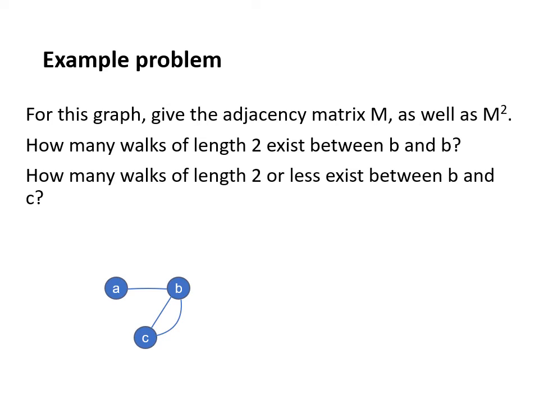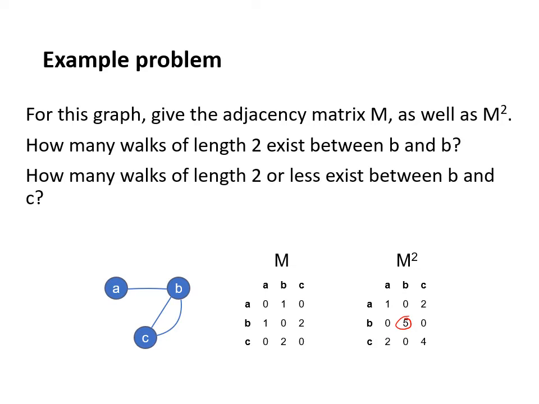So here's another example problem. For this graph, we want to give the adjacency matrix M, and we want to compute M squared, and then we want to determine these numbers of walks. This graph is much smaller, so this should be much easier to do. So this is our adjacency matrix, M, and this is M squared. Now the question is, how many walks of length 2 exist between B and B? If we look at M squared, that should give us this number, and it's 5.